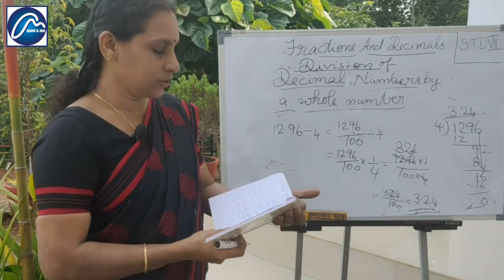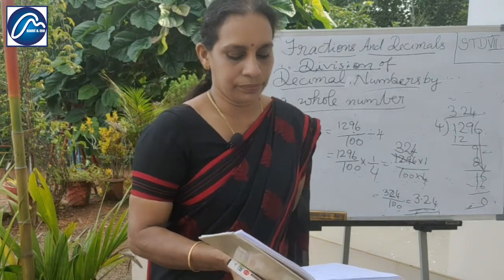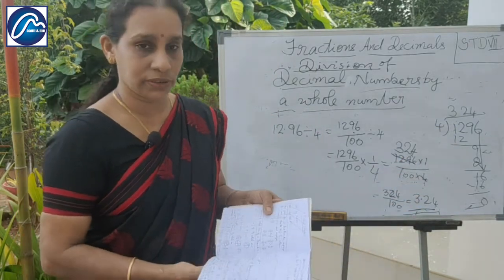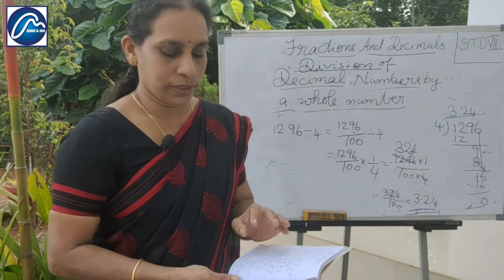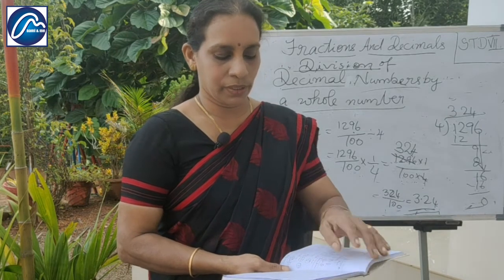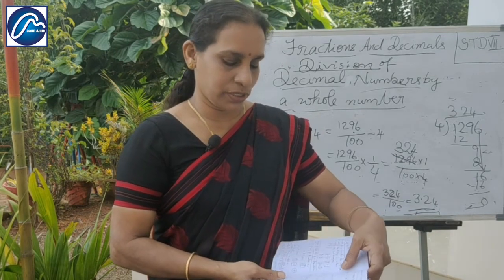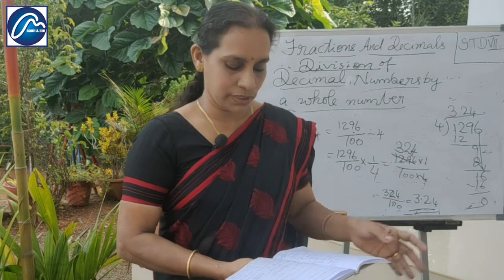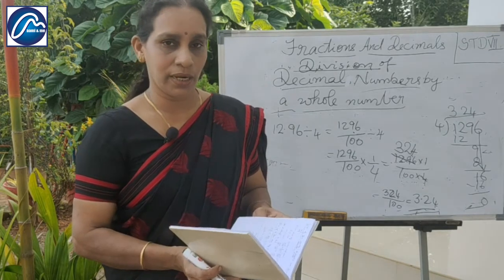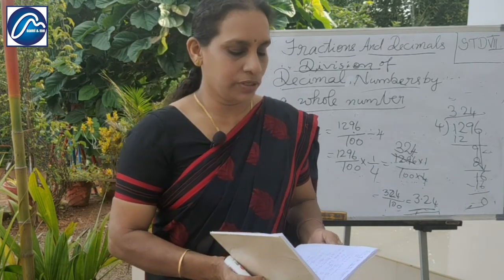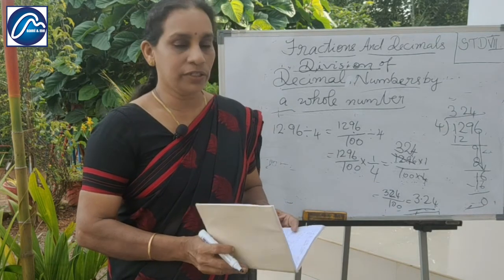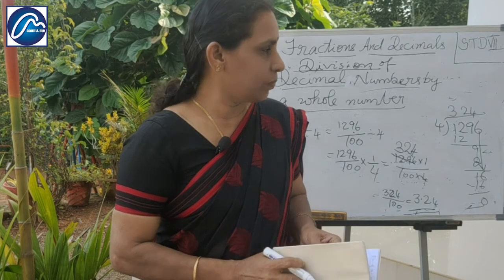Okay, that's all for this class. You can go through whatever you have studied: division of decimal numbers, how to multiply with 10, 100 and 1000, multiplication of decimal numbers, multiplication of decimal numbers by 10, 100 and 1000, division of decimal numbers by 10, 100 and 1000, and division of a decimal number by a whole number.